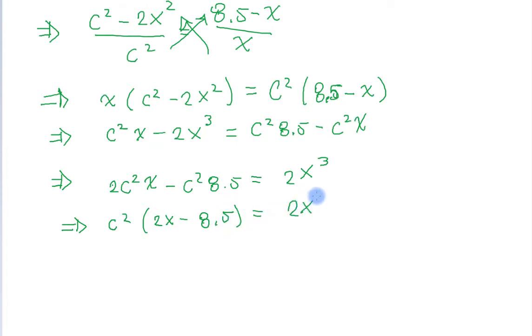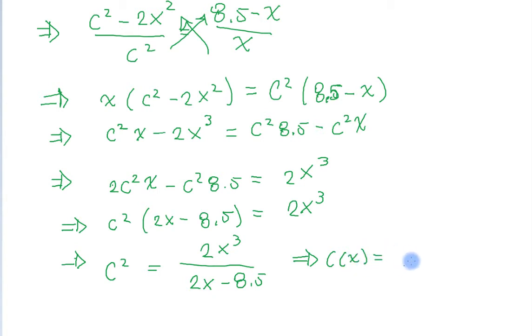Now we divide and we have that c squared equals 2x cubed over 2x minus 8.5, which implies that c of x, which is the function that we want to minimize, is the square root of 2x cubed divided by 2x minus 8.5. And this is our c.